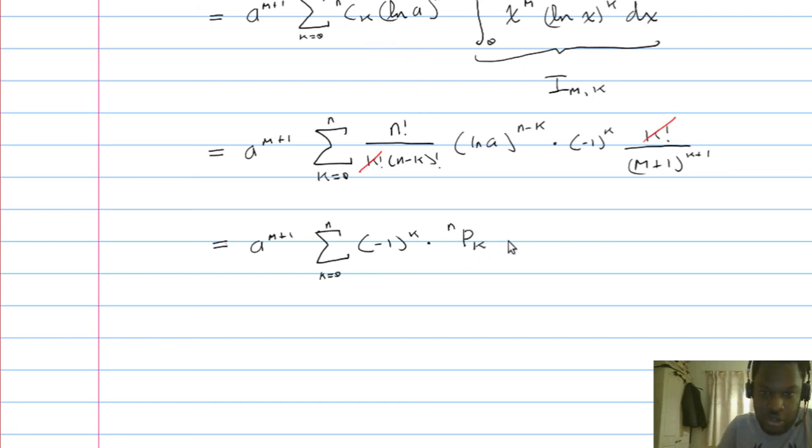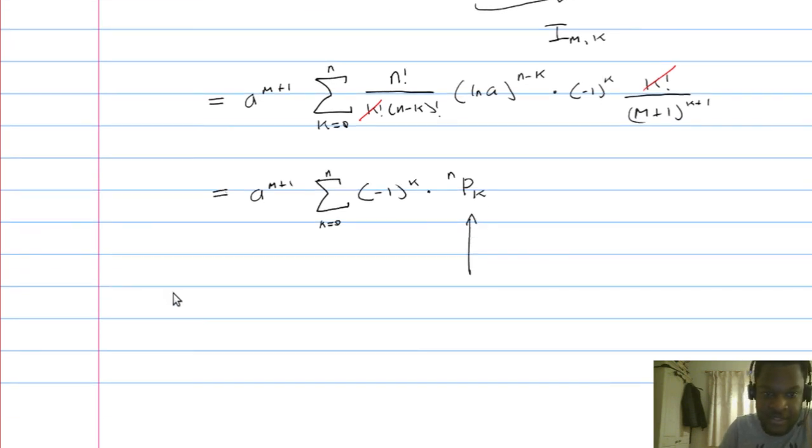Okay, so n choose k is the number of combinations of k things taken from n things. nPk is the number of permutations of k objects taken from n objects. There are other ways to think about this. It's a combinatorics problem. You don't need to worry about this, it's just a notation. Just in the same way that n choose k is n factorial over k factorial times n minus k factorial, this is just another name for n factorial divided by n minus k factorial.